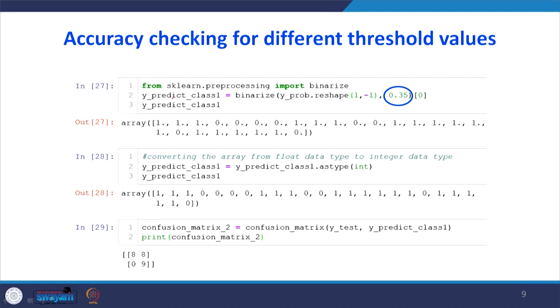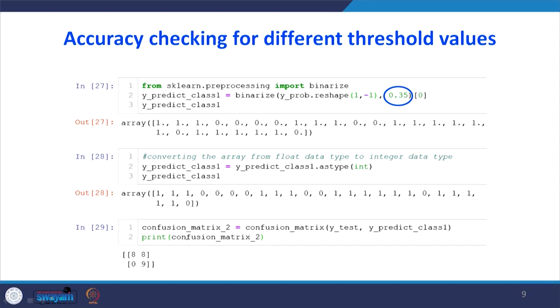For that, y_predict_class1 equals binarize(y_probability.reshape(1, -1)) by taking 0.35. This was our predicted values, but if you want integer values you have to use y_predict_class1.astype(int), and you get these integer values.